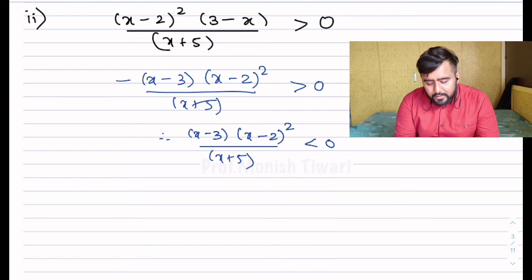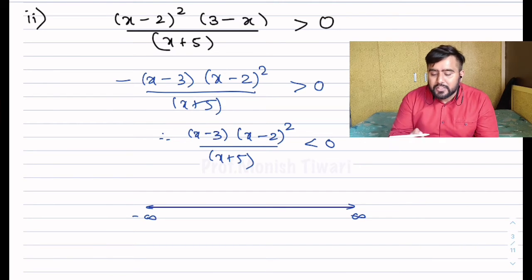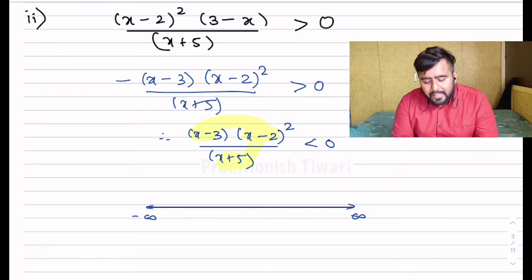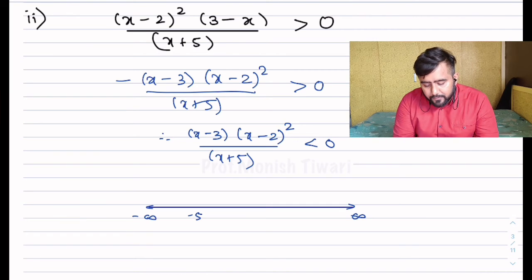So now here, first of all, we'll plot all the critical points since we have number line here, minus infinity to infinity. The numbers which we need will be 3, 2 and minus 5. These are the critical points, 3, 2 and minus 5. So according to the sequence, minus 5, then I will have 2, then I will have 3.